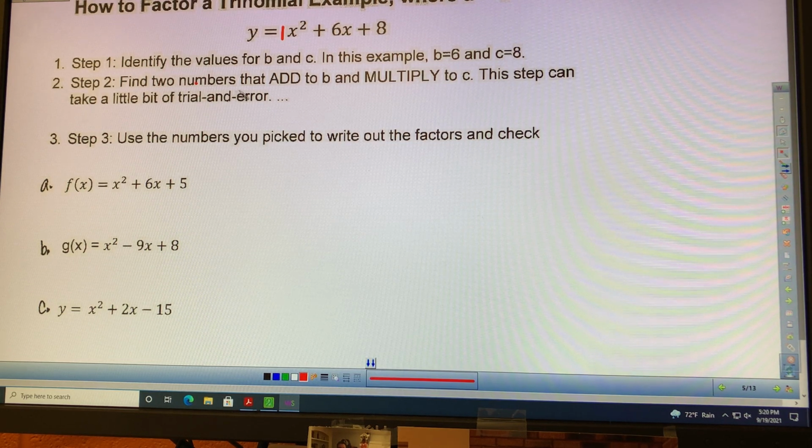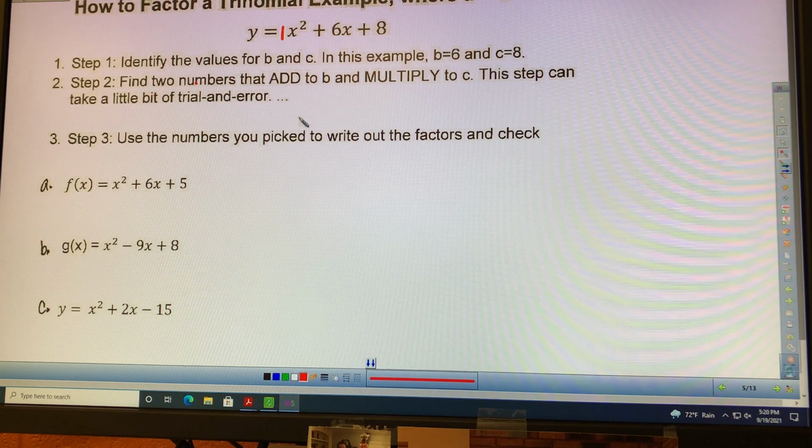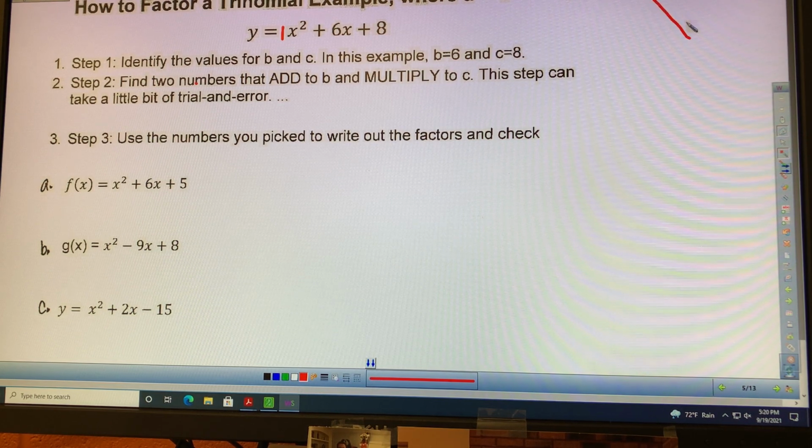Then you're going to find two numbers that add to b and multiply to c. And it can be a bit of trial and error. But if I want to find two numbers that multiply to 8, and I've seen a lot of people do this, what are two numbers that multiply to positive 8?